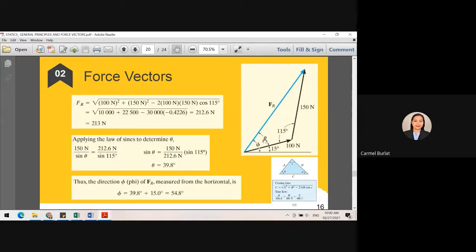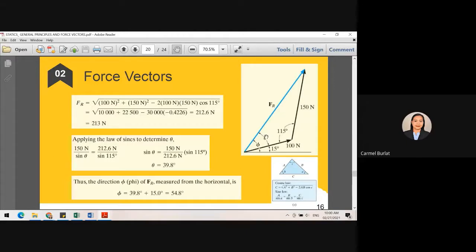And angle B, opposite of 150. That is why you will get 150 over sine theta is equal to FR over sine 115. So theta, using your calculator, you will get theta is equal to 39.8 degrees.